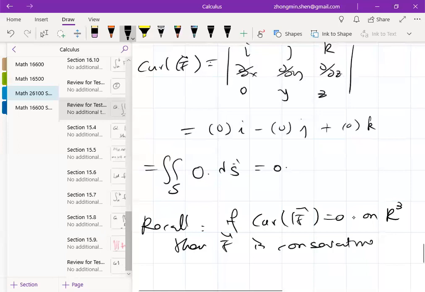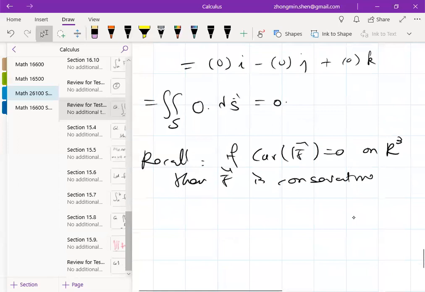That's how we check whether a function is conservative. So that means it's going to be the gradient of some function, for some f. Okay, they're all connected, right?